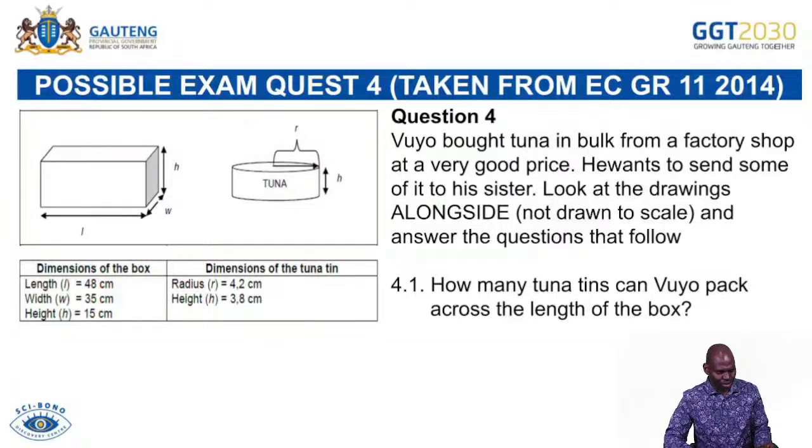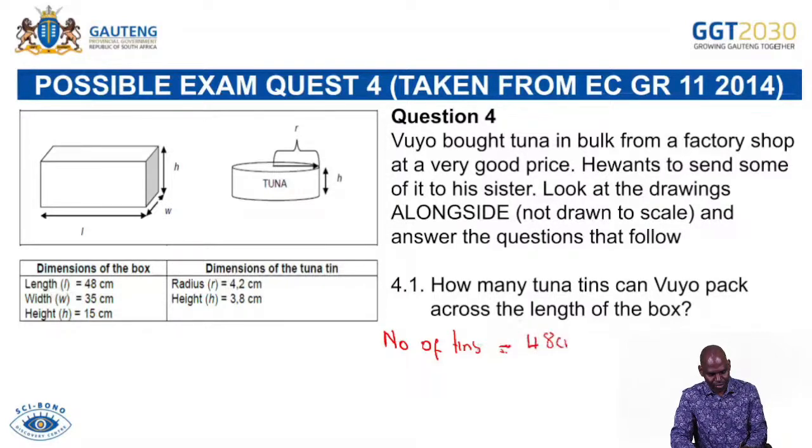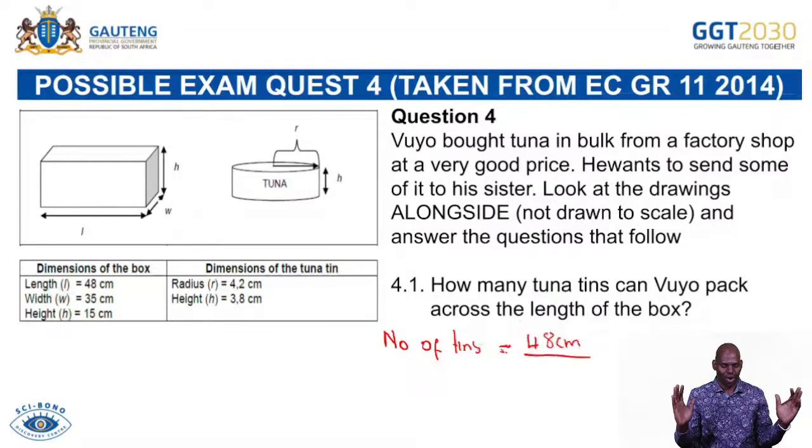Along the length, so we say number of tins. You don't even have to indicate along the length because already it's along the length for this question. We take the length of the box, which is 48 centimeters. Then we need to divide it by the width of the tuna tin.